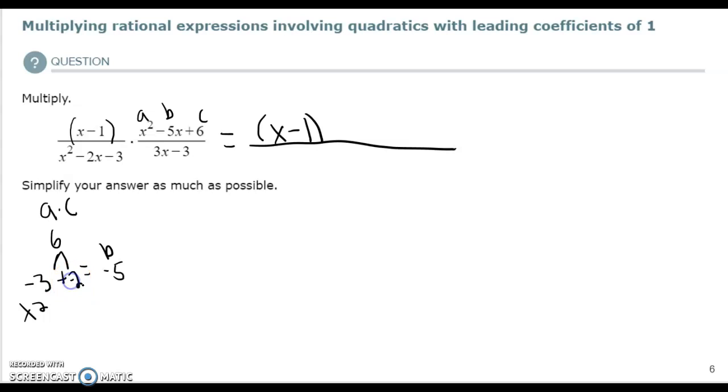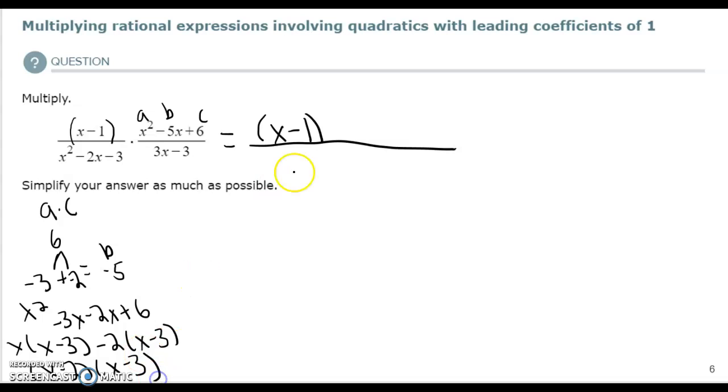That's -3 and -2. I'd plot an x, I'd plot a -2, and this would factor to this. So I like to mark, I factored that, I factored that.